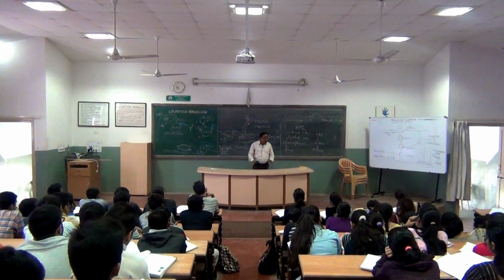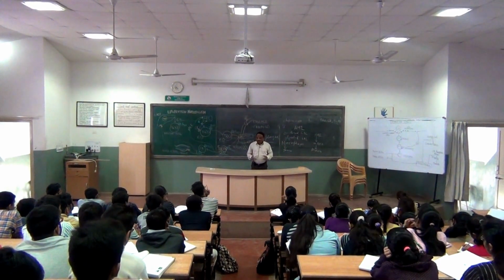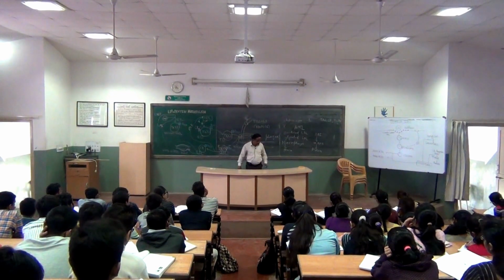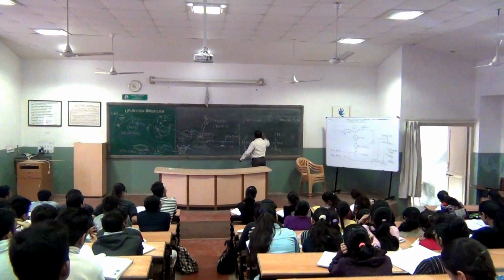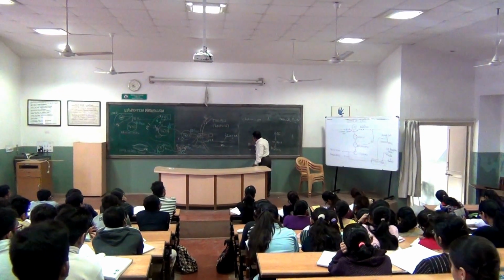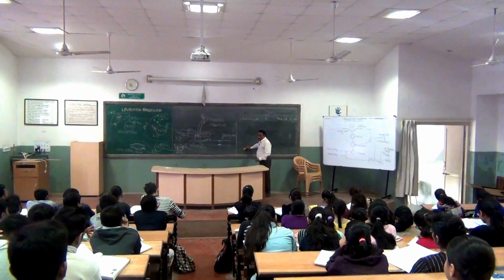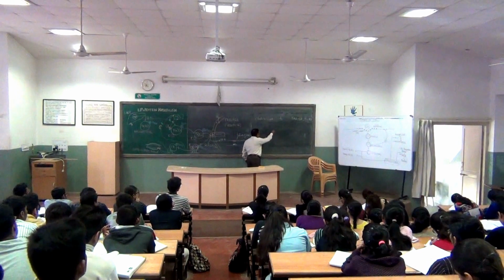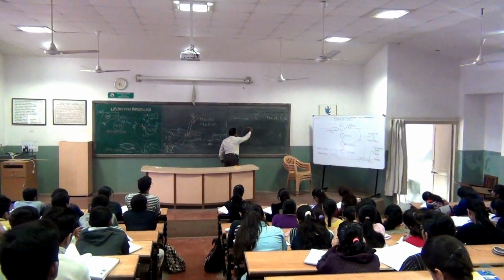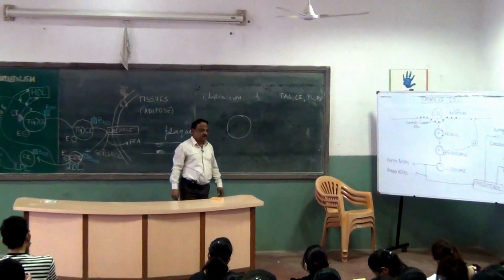So HDL, what it does, HDL can collect the excess amount of cholesterol from peripheral tissues, and as it is formed, it is in discoidal shape.